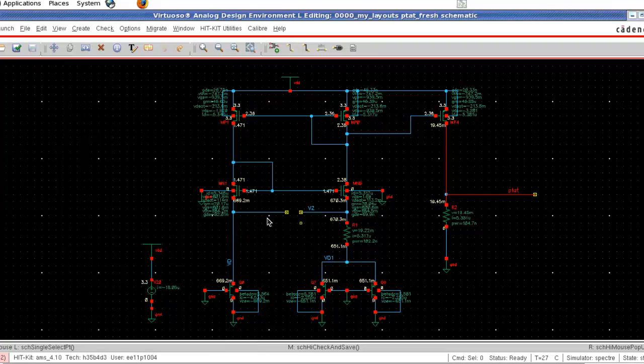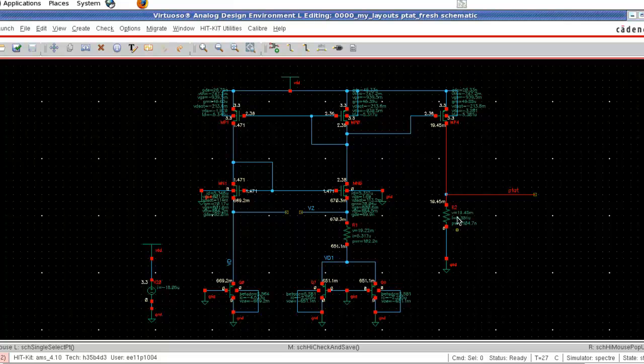So I repeat, initially we started with the difference between VD and VD1. Then we implemented a circuit so that we get VD minus VD1 across this resistor, and we plotted the voltage across this resistor, that is V2 minus VD1, provided that V2 is equal to VD. And then we copied the current through this branch to another branch, and we passed it to another resistor, and we said this voltage is a PTAT, and we simulated the same thing.